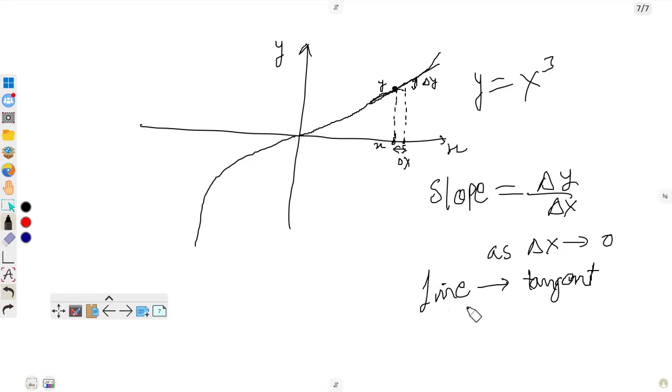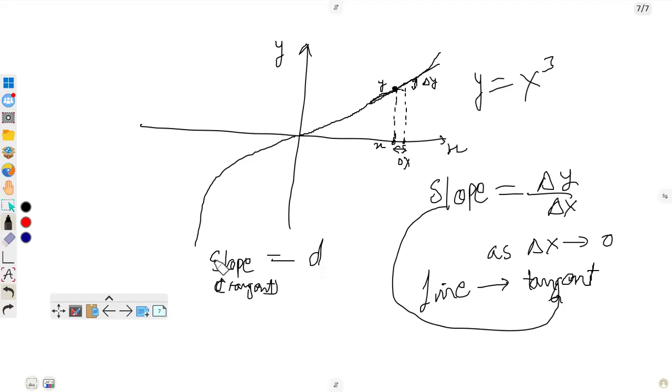And so our slope essentially becomes the slope of the tangent. Slope of tangent is actually delta y by delta x.